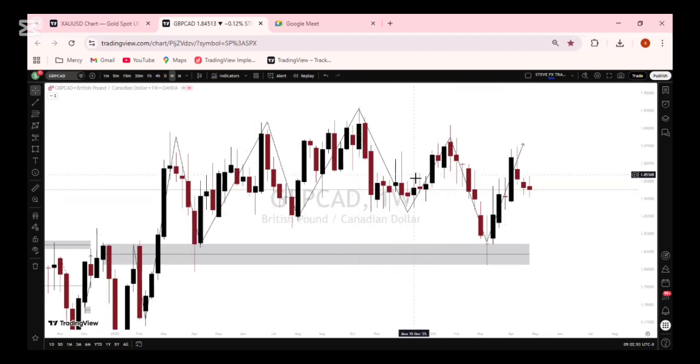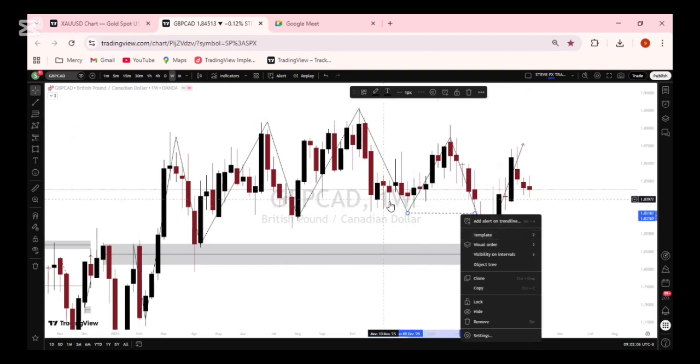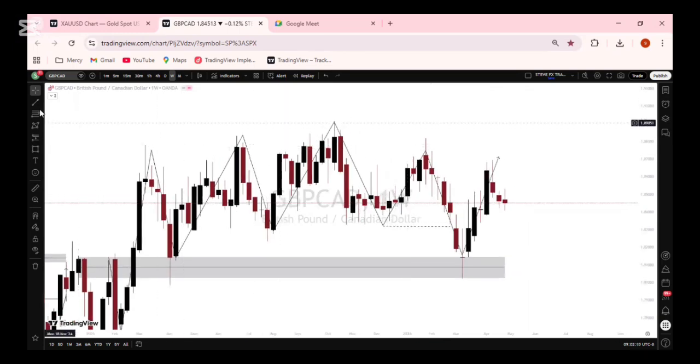So if you look at major structures, we could see that we have a change of character, market changing character from this particular zone. This particular move failed to break structure from here.